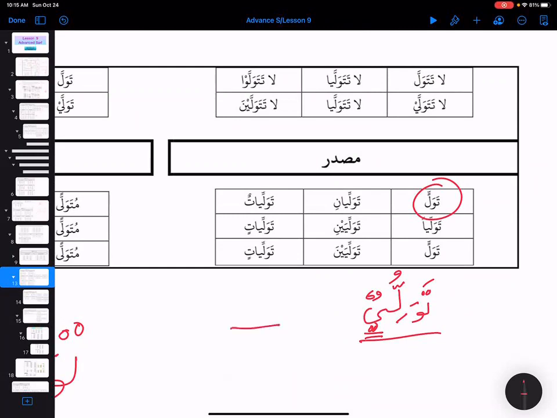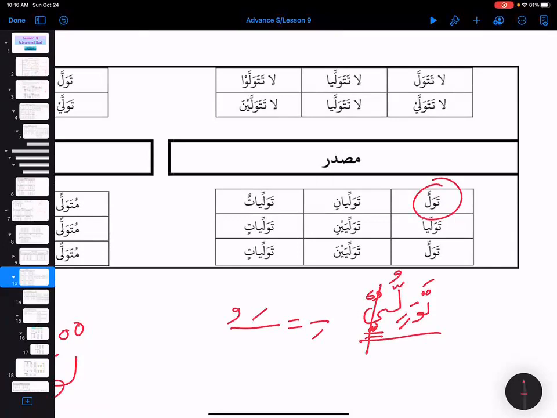When we have a u sound or fatha sound and before that the letter has kasra, then it becomes silent. So instead of just making it silent, we just dropped it, and to compensate we are giving it more kasra. So now it becomes tawallin. So the masdar is tawallin over here.